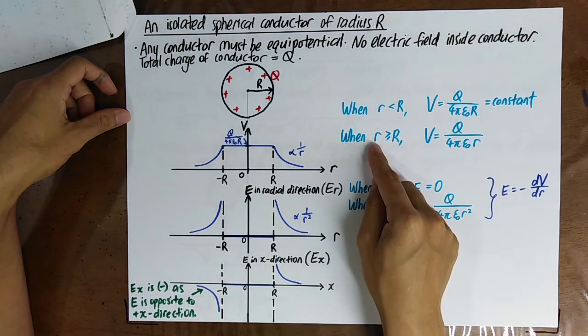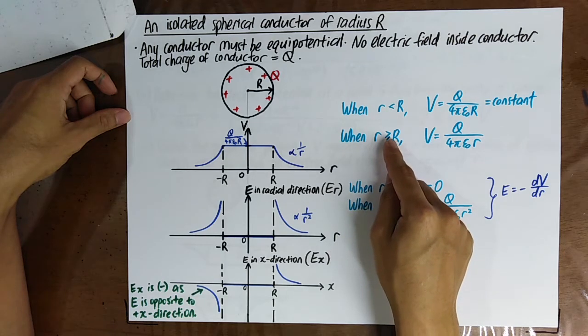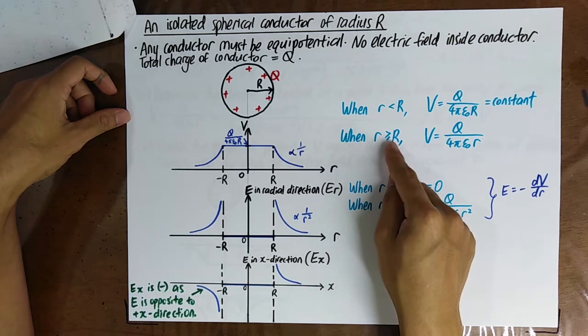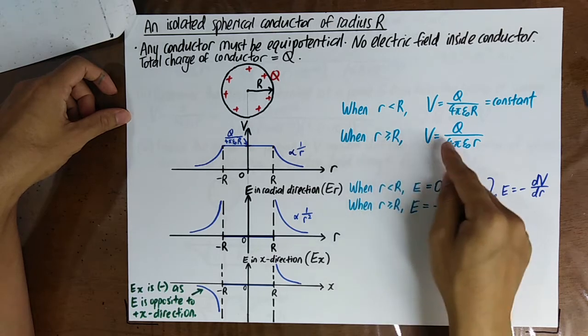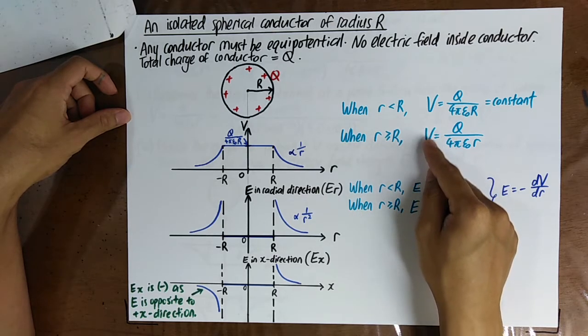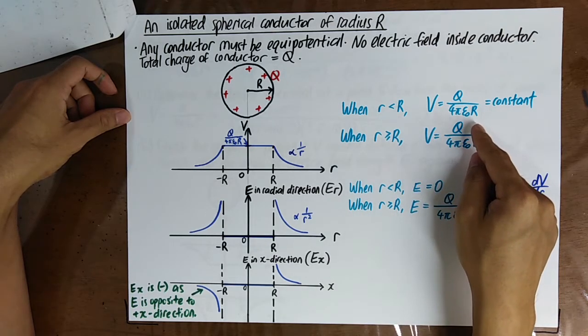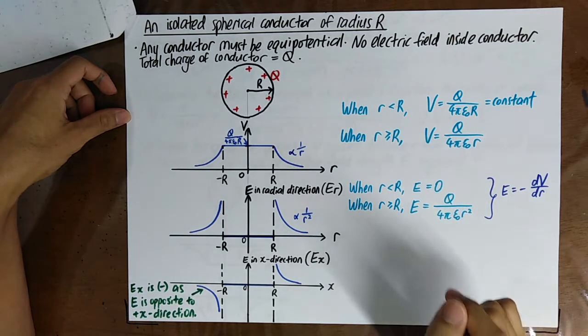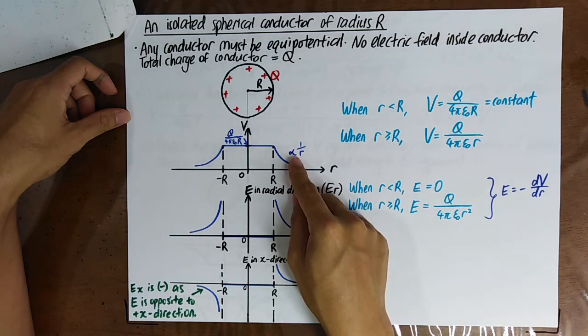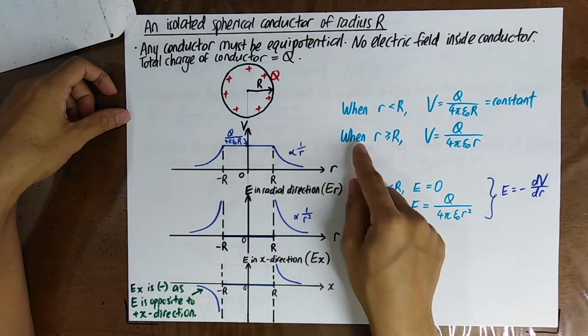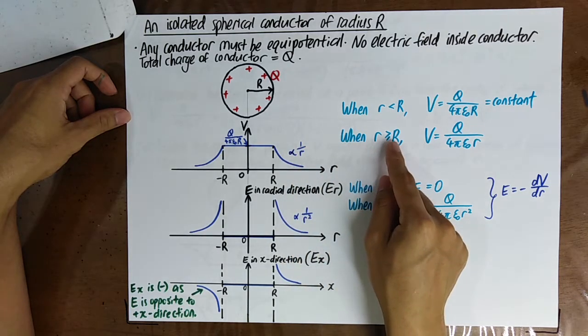And then when the distance is larger or equal to R, the electric potential starts to fall. So that means that V is inversely proportional to r when r is greater or equal to capital R.